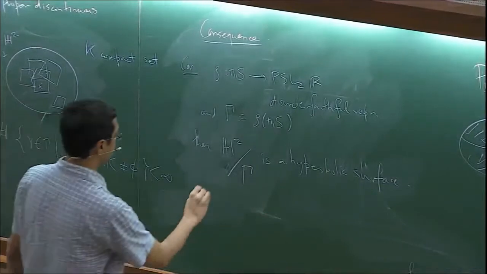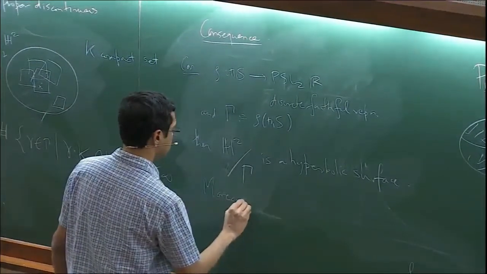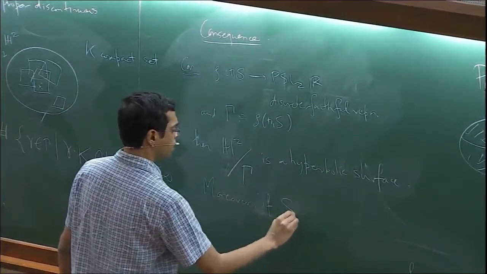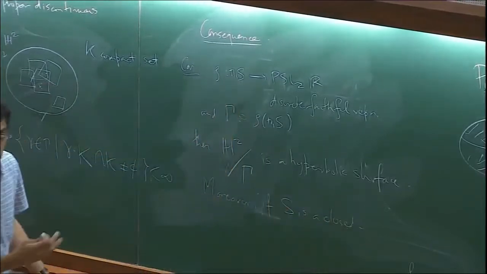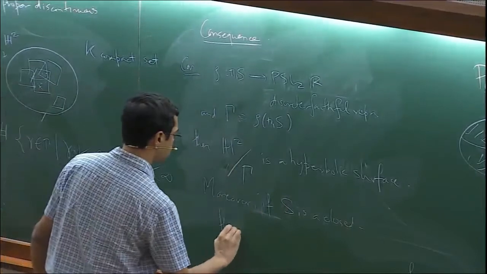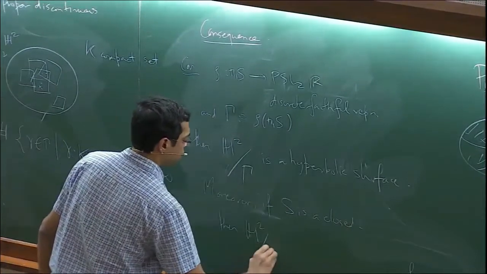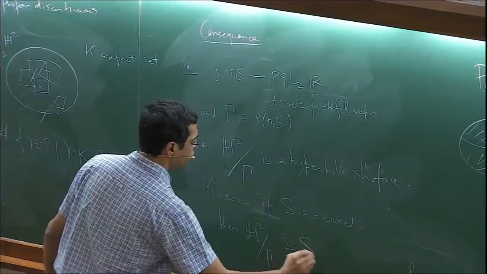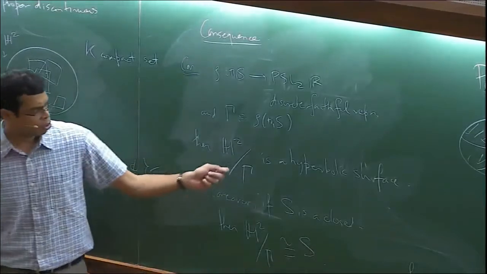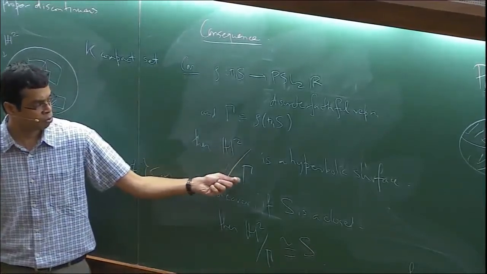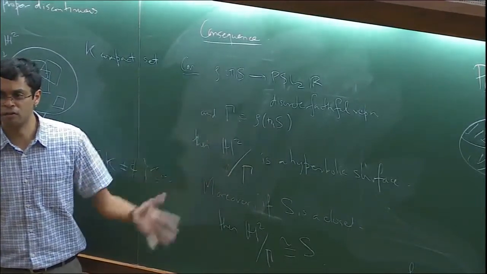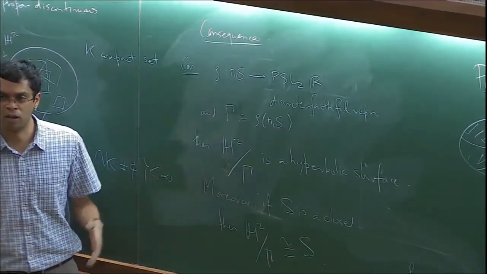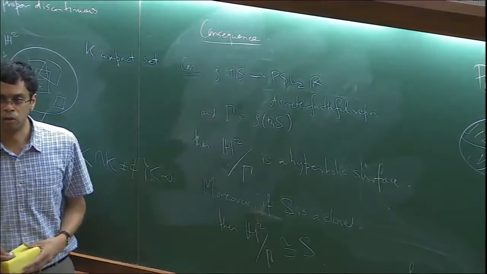And in fact, let me also say that moreover, if S is a closed surface, if you started out with the fundamental group of a closed surface, then this quotient surface is homeomorphic to S. The quotient surface must have fundamental group also pi1 of S, and there's only one closed surface with that fundamental group.